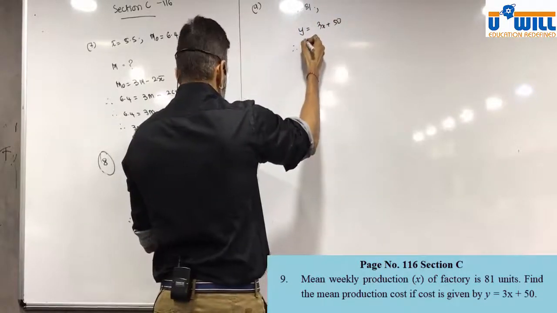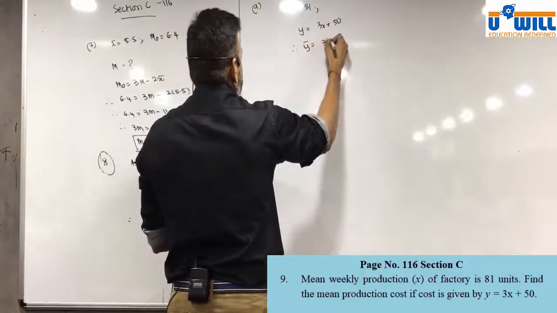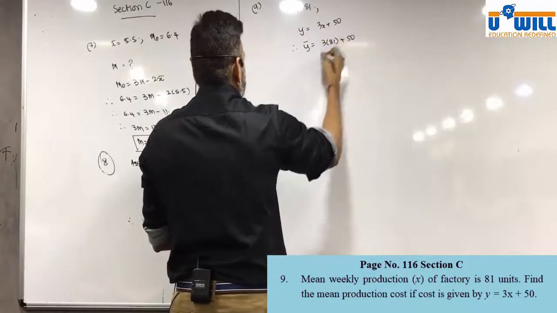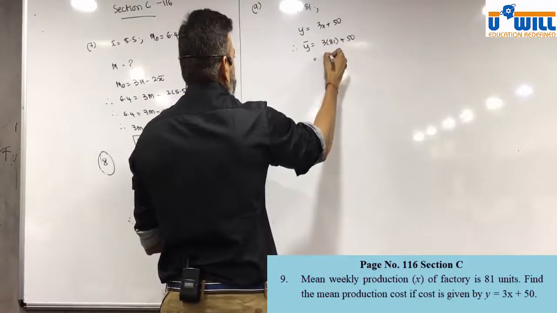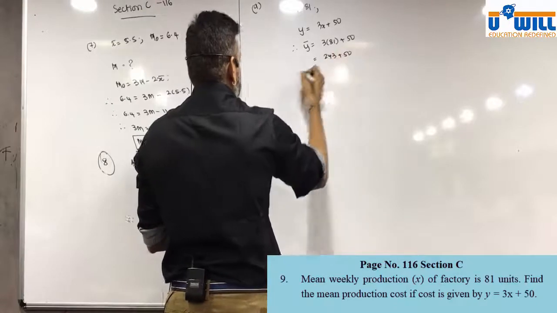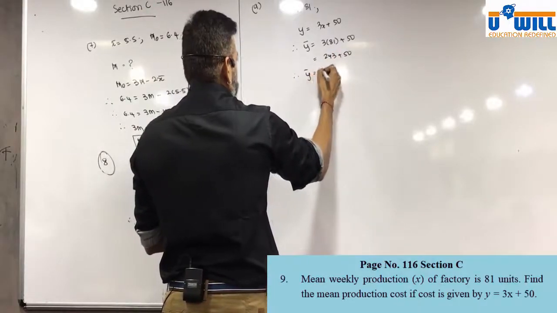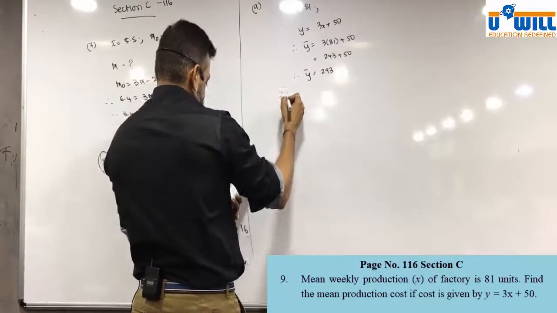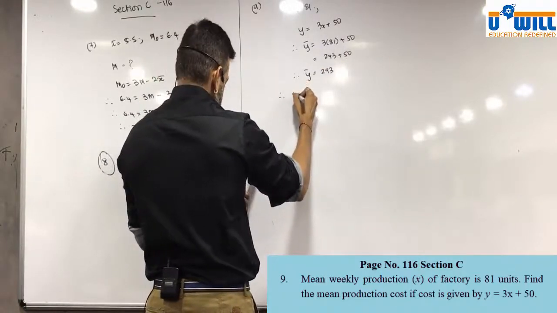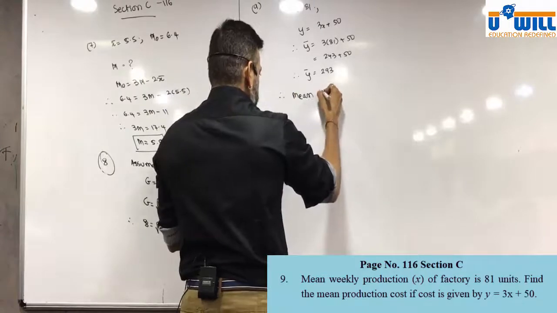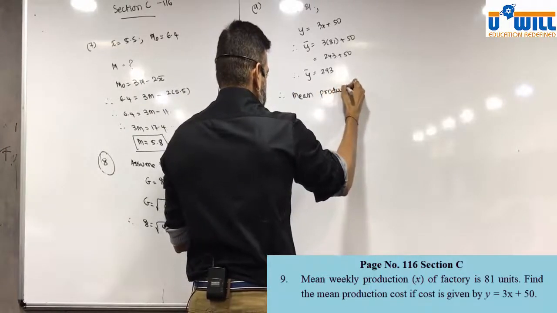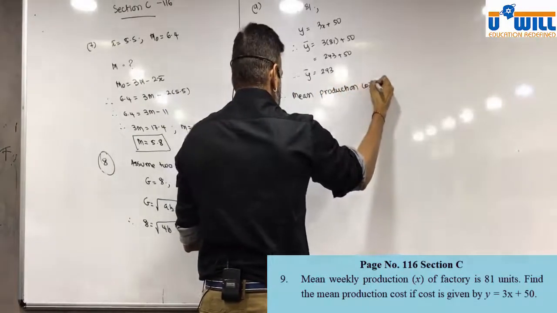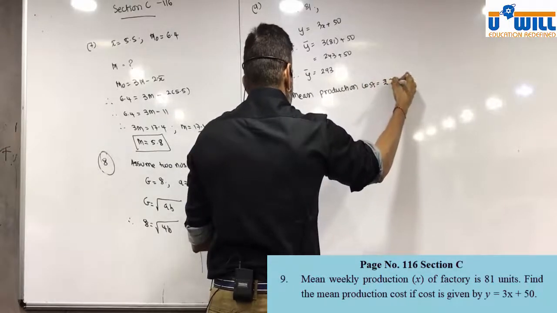Therefore, y bar is equal to 3 into 81 plus 50. 243 plus 50. Therefore, y bar is equal to 293. Therefore, mean production cost is equal to rupees 293.